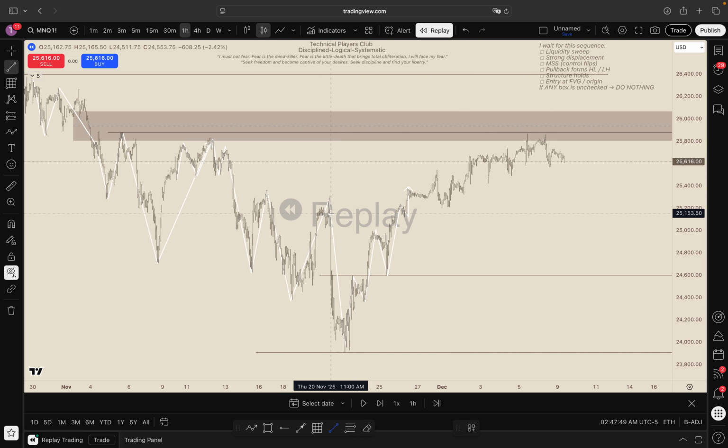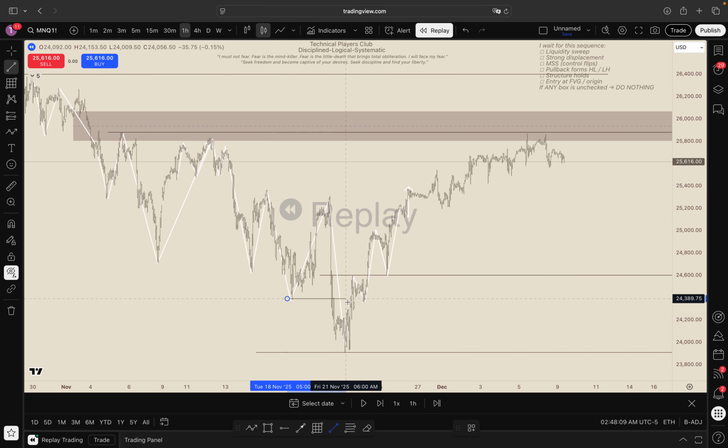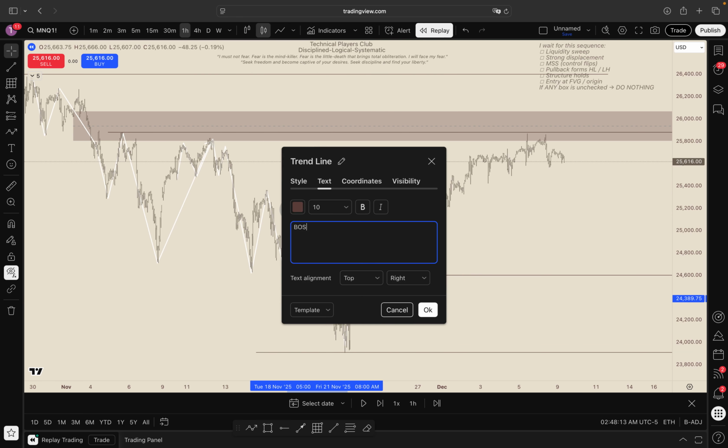Now we're getting what they call a market structure shift. You feel me? Boom. Now we got a high, higher low, higher high, higher low, higher high. You can count the microstructure too. You can go higher high, higher low, higher high.